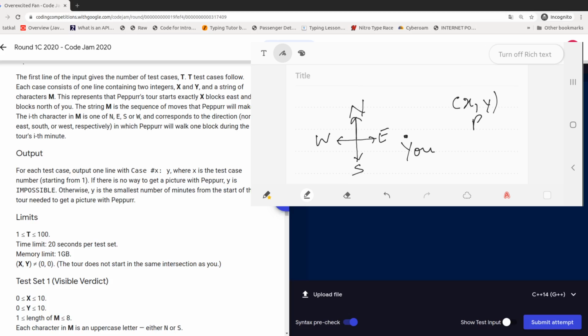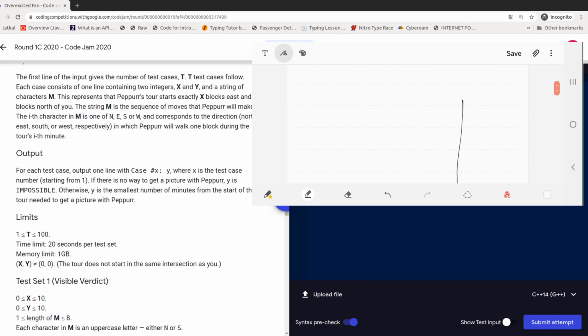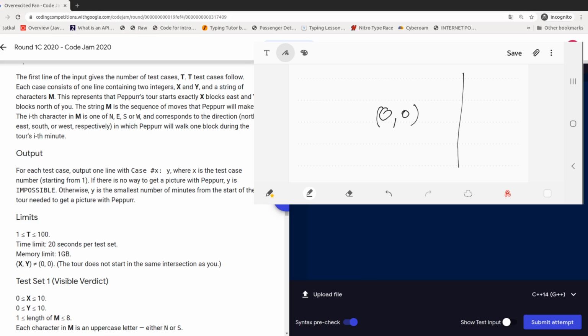Let's make some key observations. The first observation is the position of ours. As our position is not given, we want to take the position as 0, 0, because it will be easy for us to maintain the logic and understand the code.